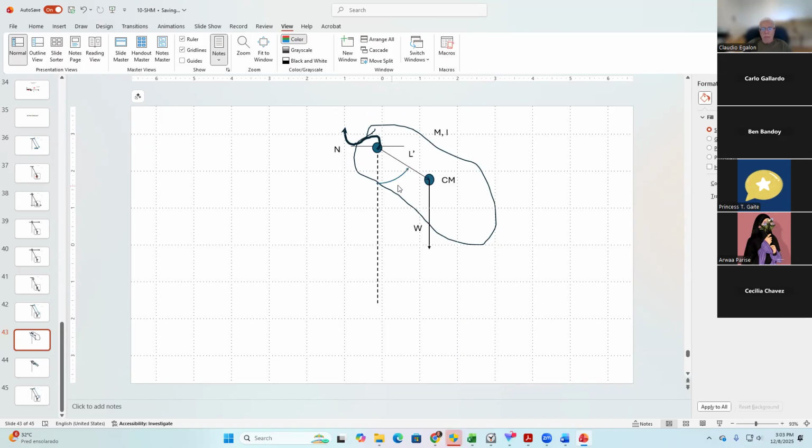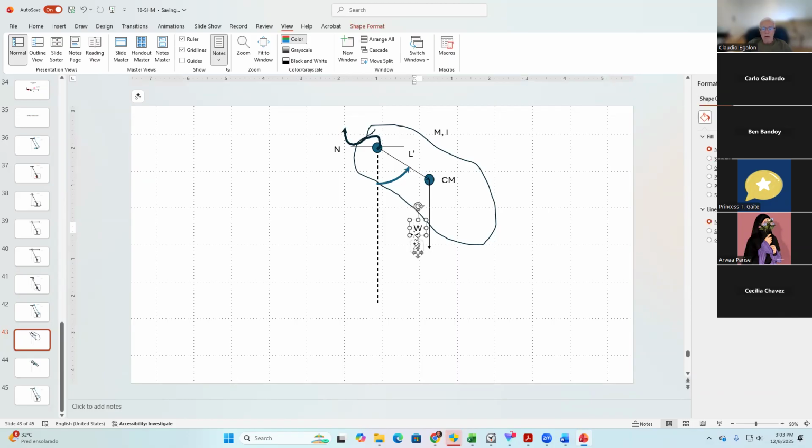Let's see if you got it. It's so small, this arrow. There you go. Now we got it. And then we can put the angle right in here, angle theta, just like we did with the simple pendulum.